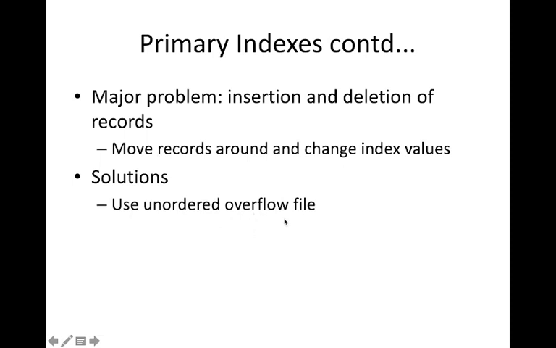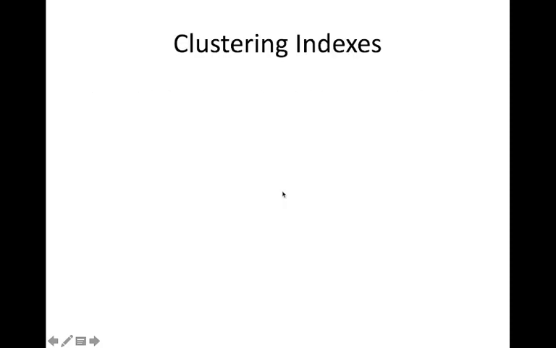As we saw when we studied indexing, if one block is full and you want to insert a new item, you insert it in the overflow file. Or we can use a linked list for these overflow records. These are the two methods to solve the insertion problem.